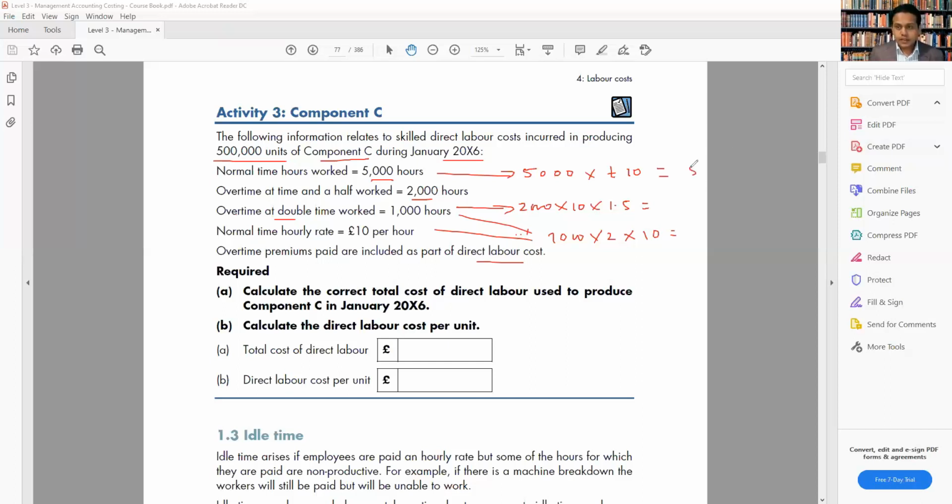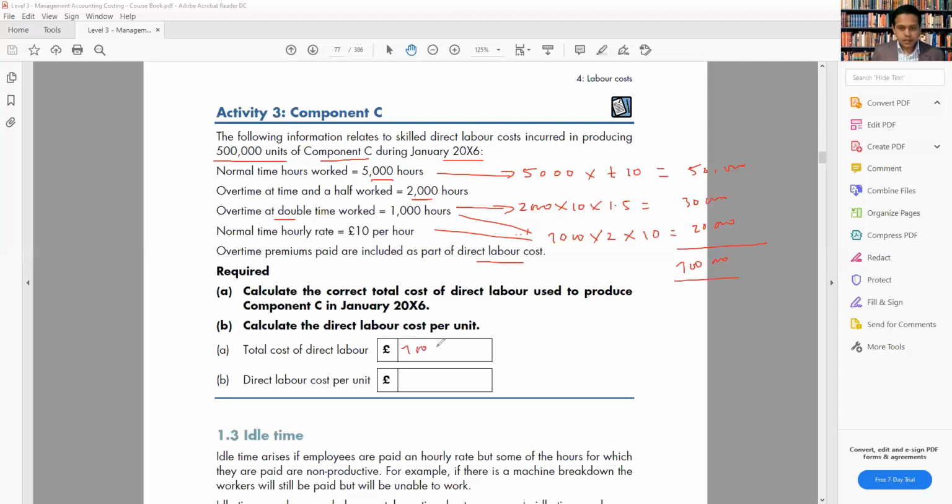So 5,000 times 10 is 50,000. Here I have 30,000. Here I have 20,000. If I add all of this, that gives me 100,000. Very well done, Nazia. So 100,000 is the total direct labor cost.